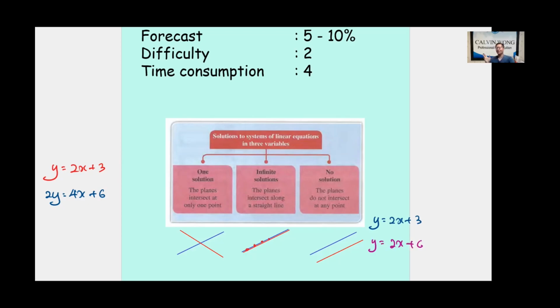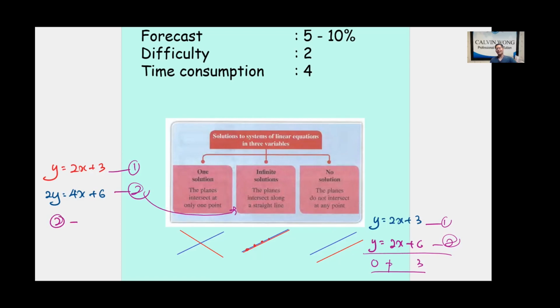Now, when you do the simultaneous equation, you will get equation 2 minus equation 1 is 0 equals 3. 0 is not equal to 3. But for this one, you have 0 equals 0.